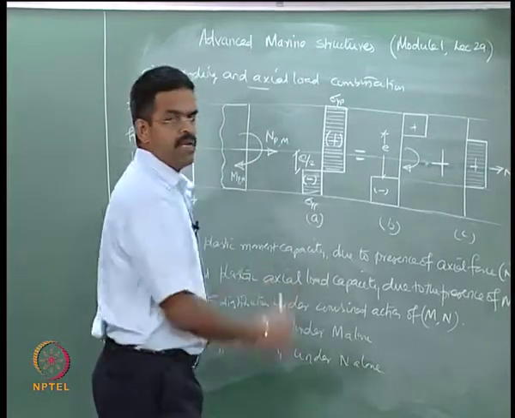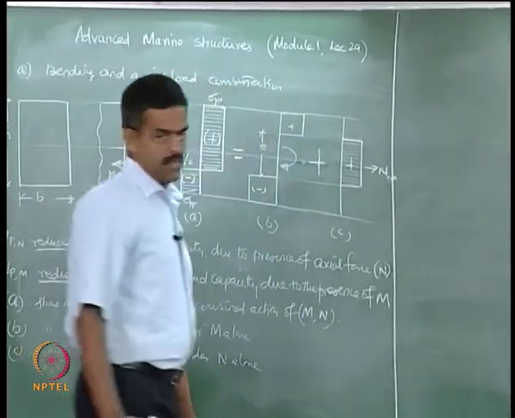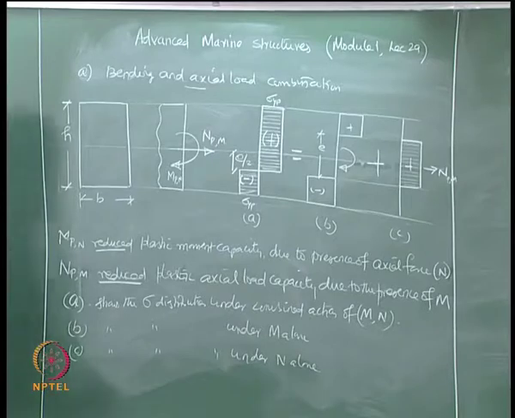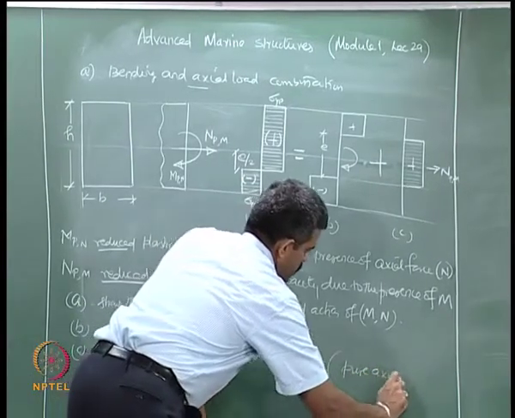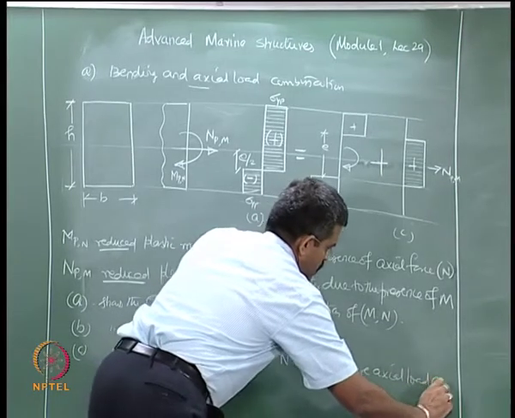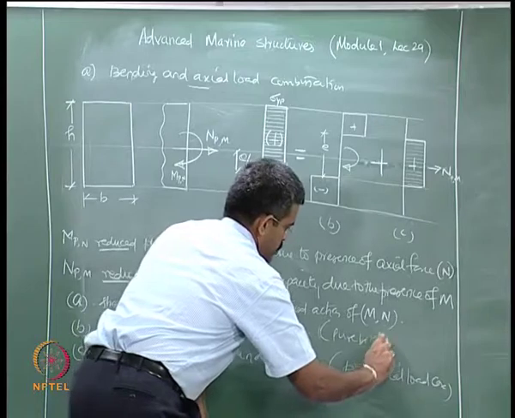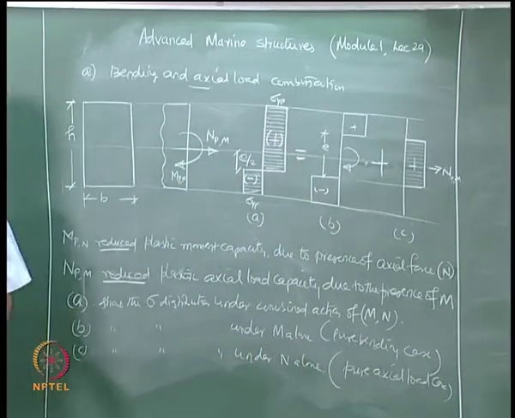I am looking for the combined action which is A, but I will derive this in part and parcel of B and C. So I could call this as pure axial case and I could call this as pure bending case, is it not? M alone means pure bending case.